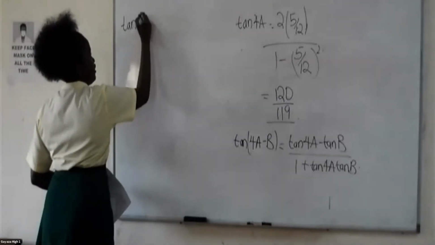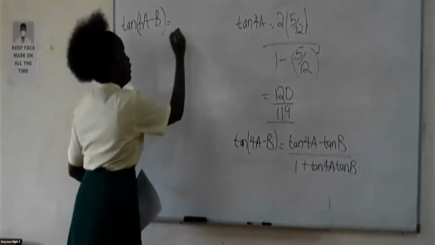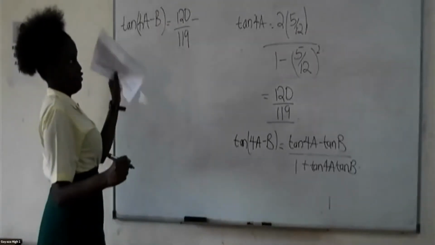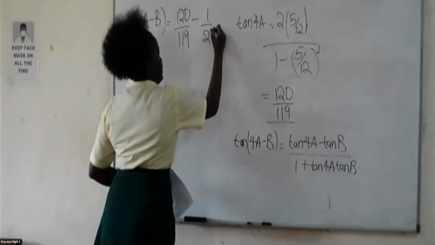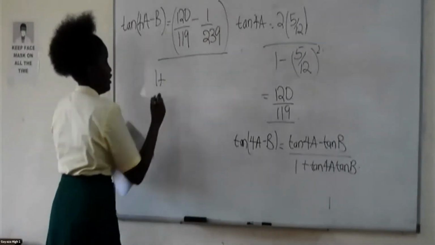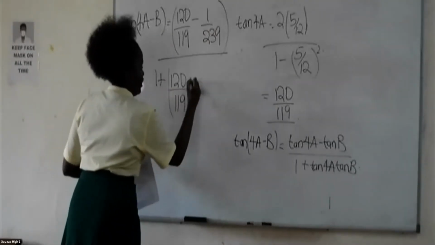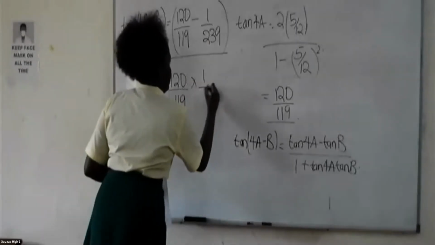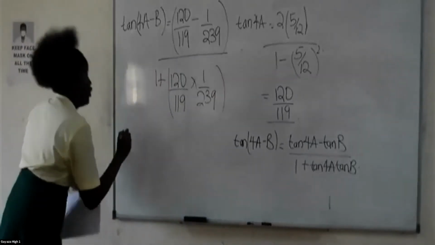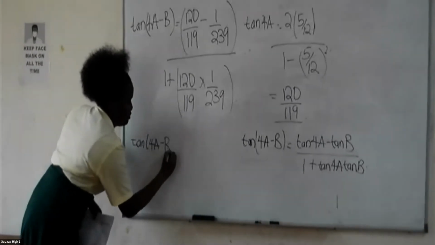Therefore tan of 4A minus B is going to be equal to 120 out of 119 minus our tan B, which, if you remember, was 1 out of 239, out of 1 plus our tan 4A, which was 120 out of 119, times our tan B, which was 1 out of 239.